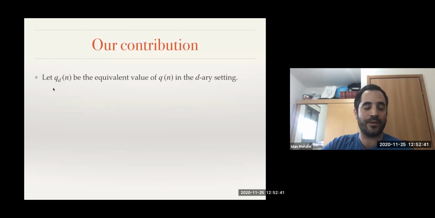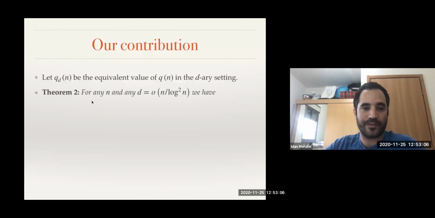So we denote with Q_D of n the equivalent value of Q of n in the D-ary setting. So Q_D of n is the minimal size of a set of questions which always allows constructing optimal strategies for any distribution in the D-ary setting, in the setting that each question has D possible answers instead of only 2.